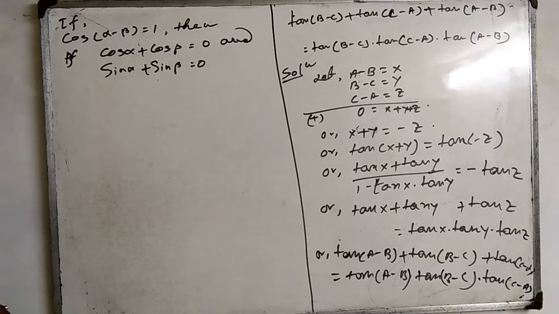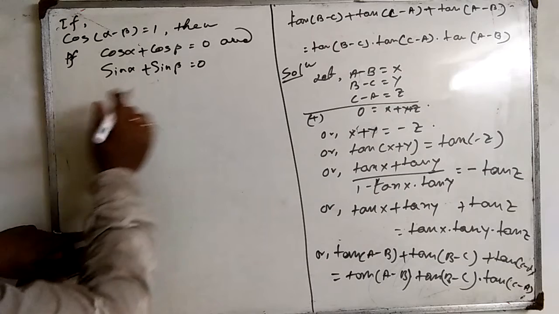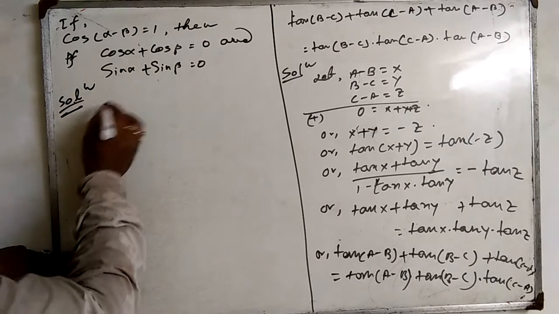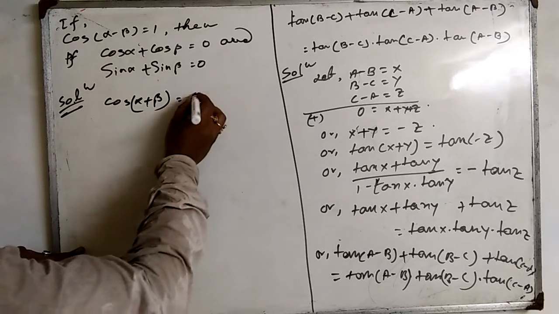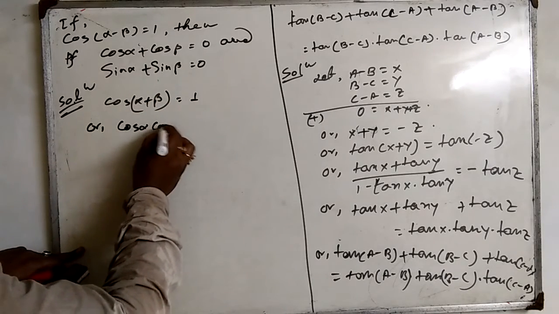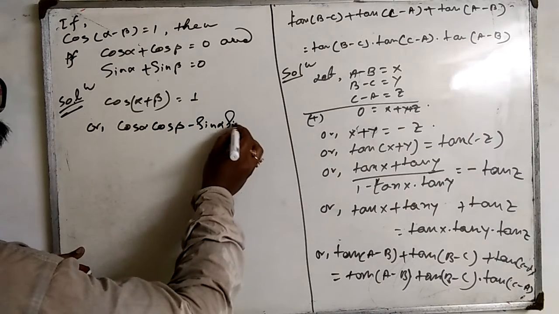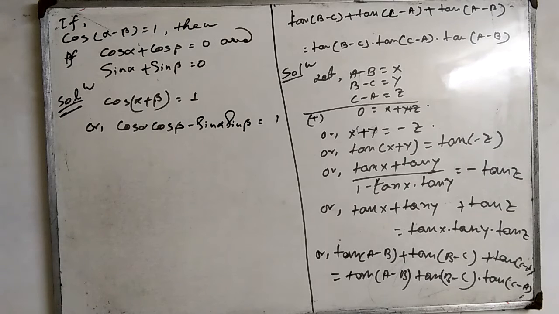Cos of alpha plus beta equals 1. Then we have to prove cos alpha plus cos beta equals 0 and sin alpha plus sin beta equals 0. So I just start the solution. Cos of alpha plus beta equals 1, or cos alpha cos beta minus sin alpha sin beta equals 1. We just multiply both sides by 2.